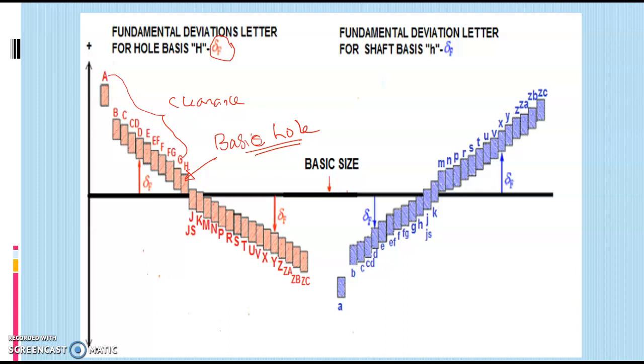Then J, K, M, N, up to N, are used for transition fit, and the letters P to ZC are used for getting interference fit.